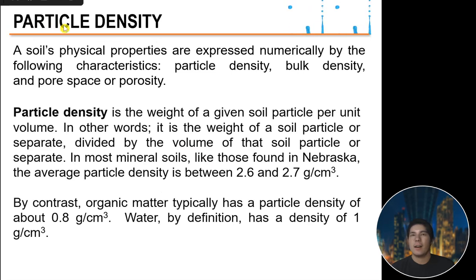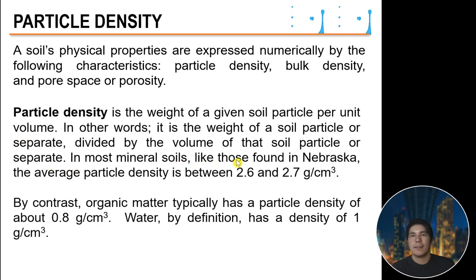So we have also the particle density. Soil physical properties are expressed numerically by the following characteristics: the particle density, the bulk density, and the pore space or porosity. If we say particle density, it is the weight of a given soil particle per unit volume. In other words, it is the weight of the soil particle or separate divided by the volume of that soil particle or separate.